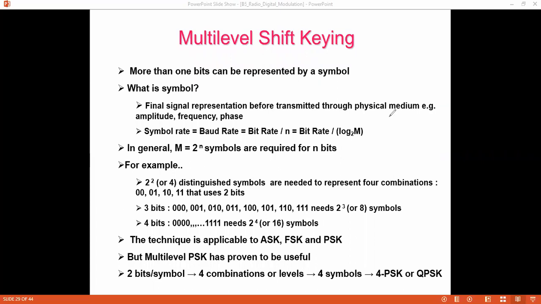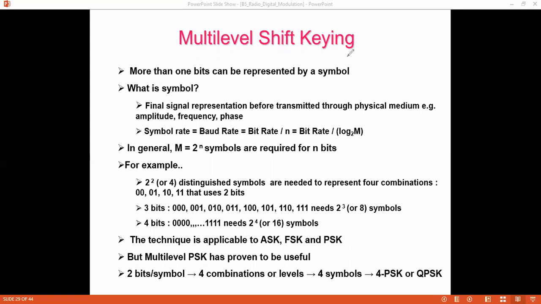Okay, so welcome to today's lecture on the last topic in chapter 5. Okay, multi-level shifting. So last week we have already studied basic shifting techniques such as ASK, FSK, and PSK.